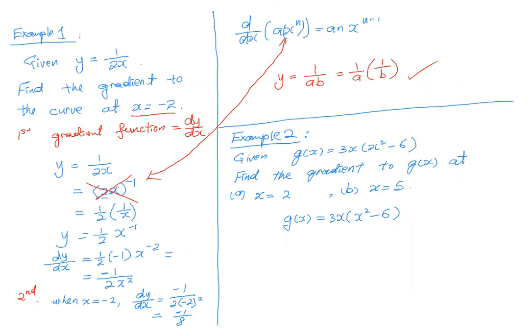So Cindy, what should I do with this one? Can you give me some idea? The moment you have this, you want to make it the sum of power terms, correct? So what should you do? Times inside. Yeah, we call it expand. You times inside, you are right.